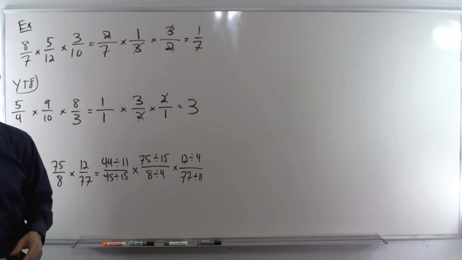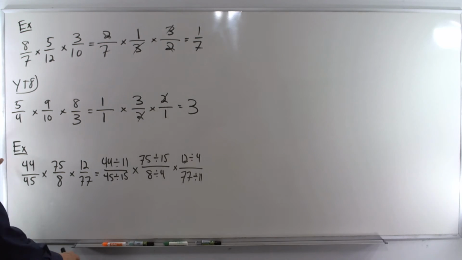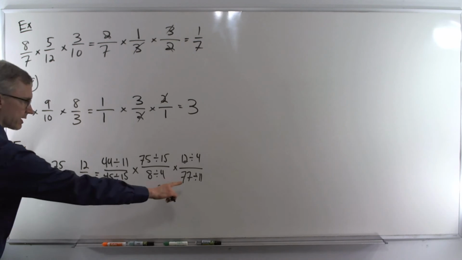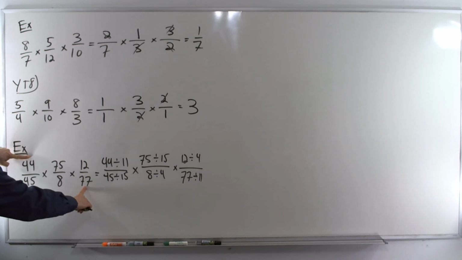All right, so look through these, look for any common factors. Anytime we got these repeating digits, we know we can divide by 11. So we got 44 divided by 11 and 77 divided by 11. So that takes care of those two.